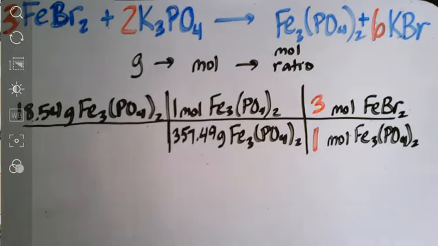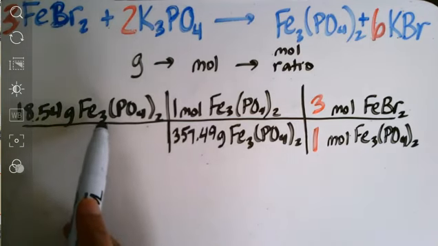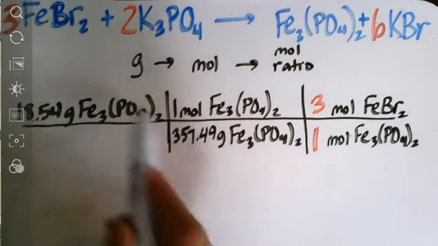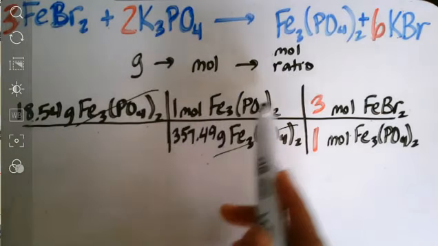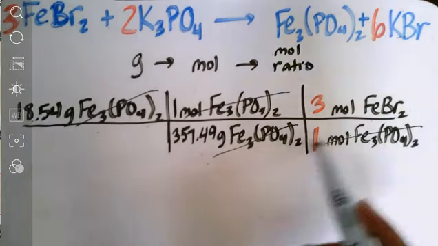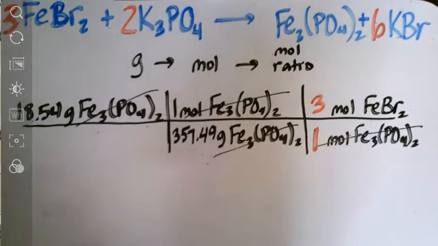Okay, check to see that your labels are going to cancel. So that's how you know they're set up correctly. So you can see that the grams of iron 2 phosphate will cancel, and then you can see the moles of iron 2 phosphate will also cancel. And then we will get moles of iron 2 bromide as the units and label of substance in our final answer.